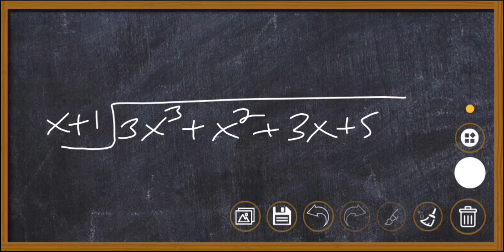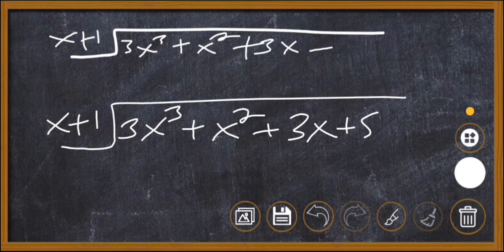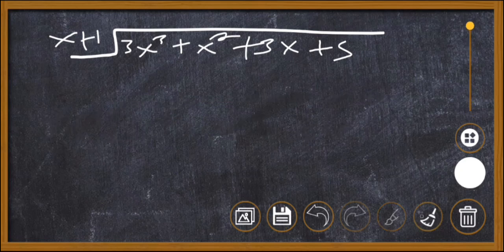So in this case we have the long division of x plus 1, and then we have 3x power 3, added to x squared, plus 3x, and then plus 5. So in this case, we are going to do like we did.